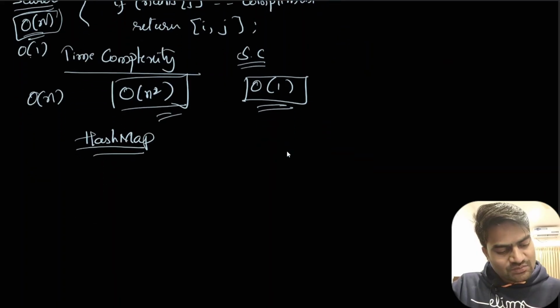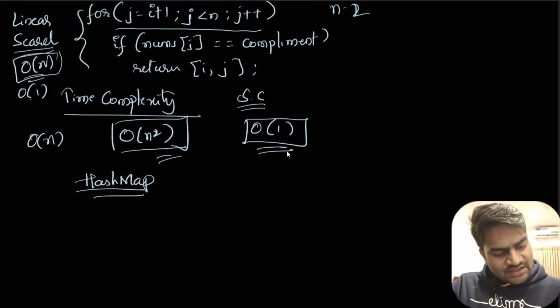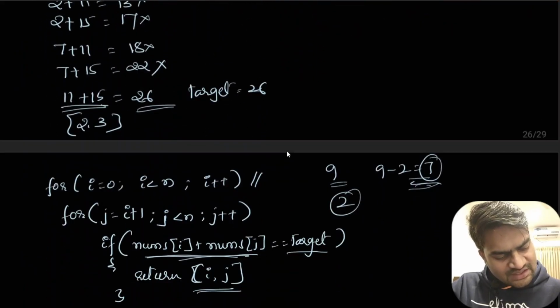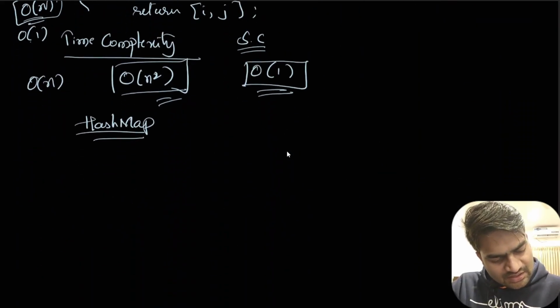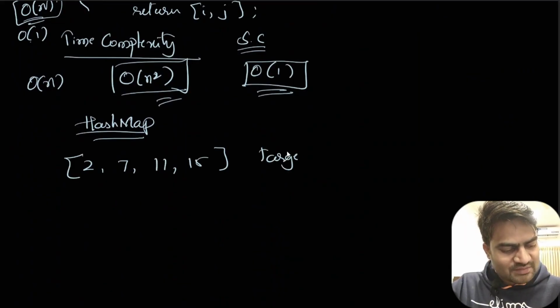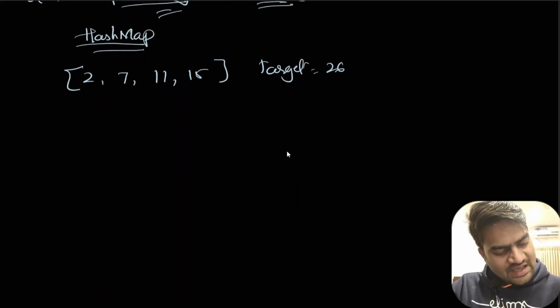Okay, so now let me take this particular array: 2, 7, 11, 15. I will change the target this time; my target will be 26. Now I will take a hash map.